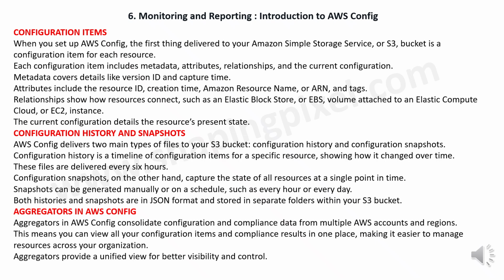AWS Config delivers two main types of files to your S3 bucket: configuration history and configuration snapshots. Configuration history is a timeline of configuration items for a specific resource, showing how it changed over time. These files are delivered every 6 hours.